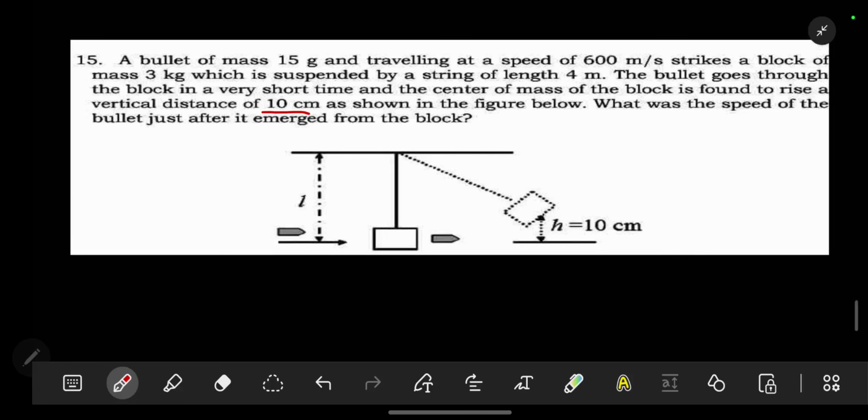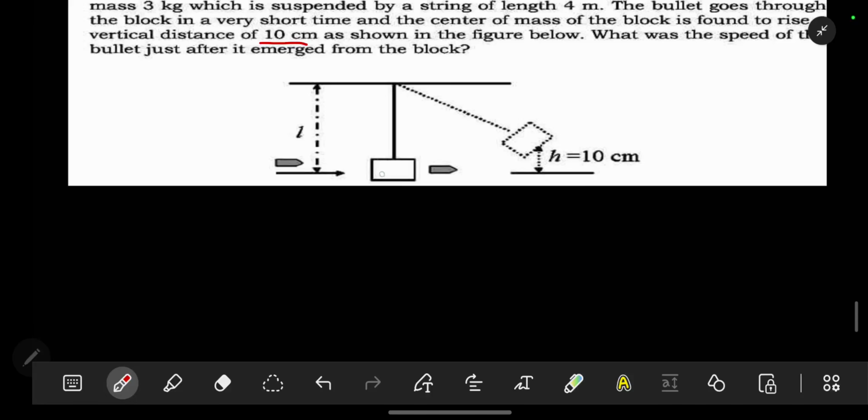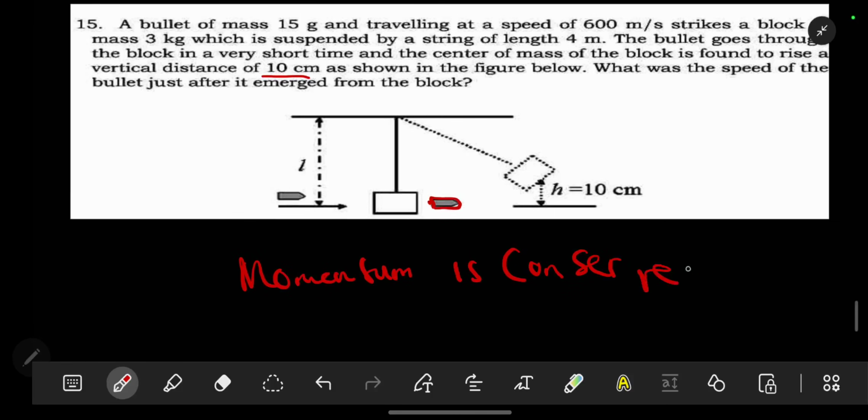So what we have is, if you look at this, this will be treated as if it's an elastic collision because the bullet is no longer inside. So we know that the momentum is conserved. So what are we going to have?